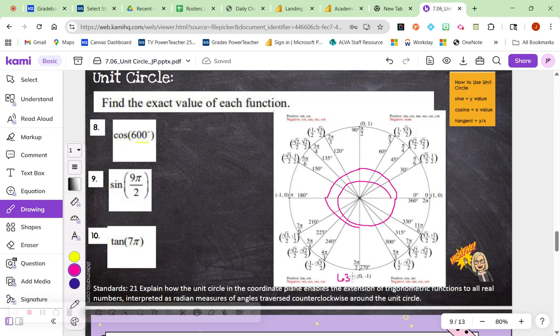So I'm just trying to get to 600. This is 540. So we would have to add 60. So this is 60 degrees here, and then this would be 600.